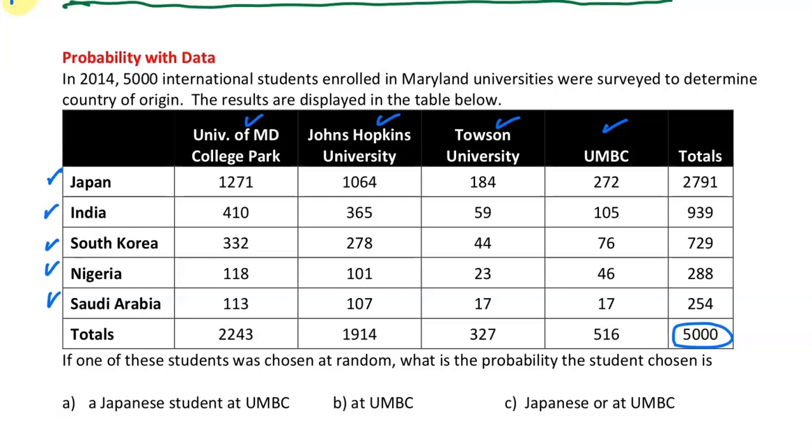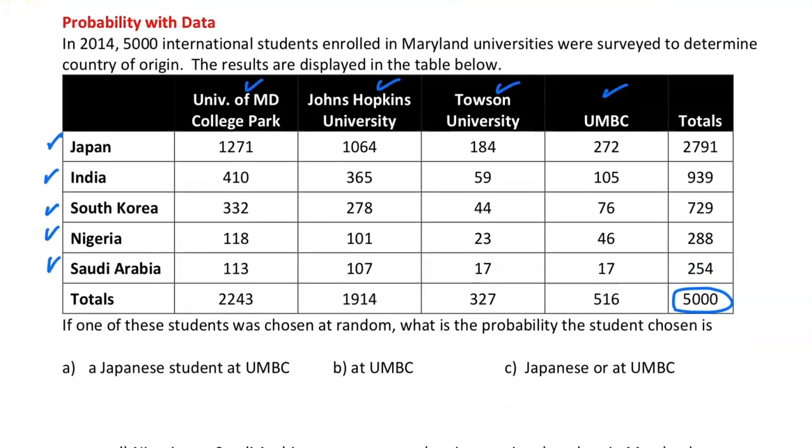If one of these students was chosen at random, what is the probability that the student chosen is a Japanese student at UMBC? Okay, so it looks to me like for Japanese students, maybe we'll do this in red. Here are the number of students at UMBC, and 5,000 is the total number of students.